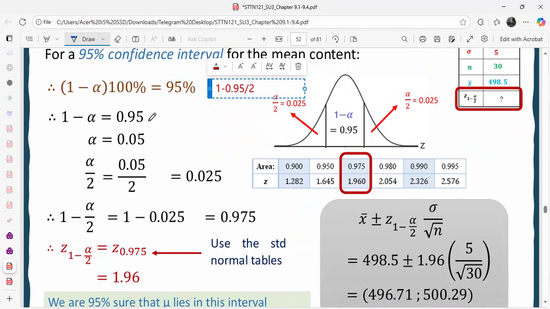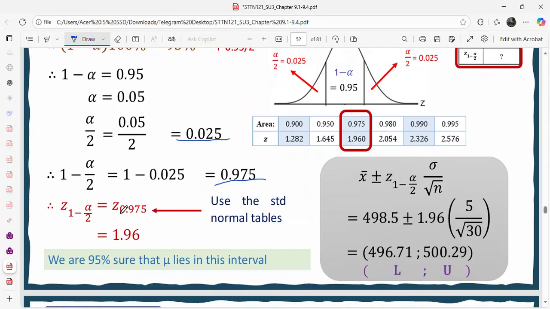You will get 0.025. But now, since you got 0.025, I come again and say, okay, 1 minus that 0.025, which will give you 0.975. This will help me to get what we call the critical value, which is going to be 1.96.